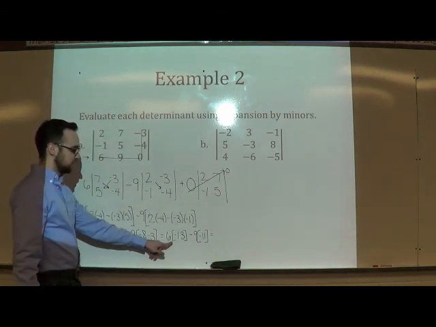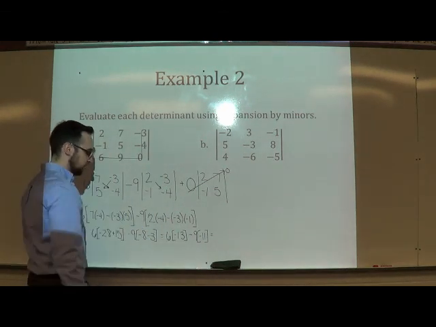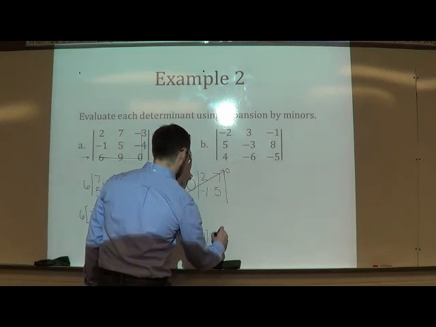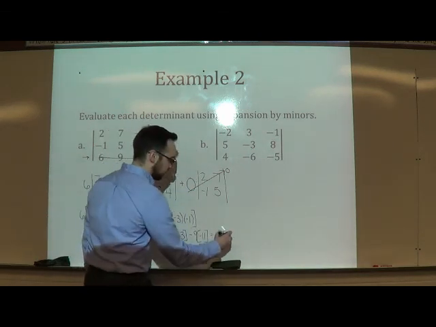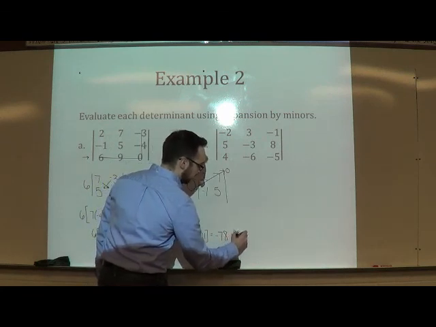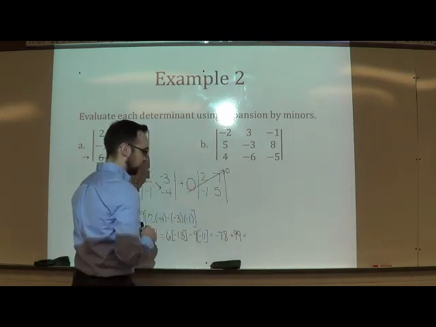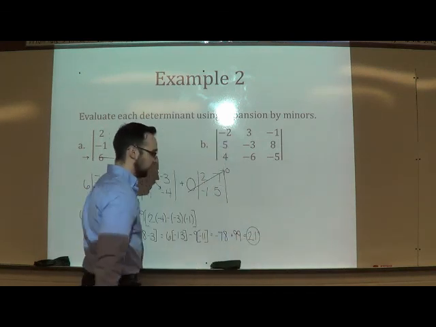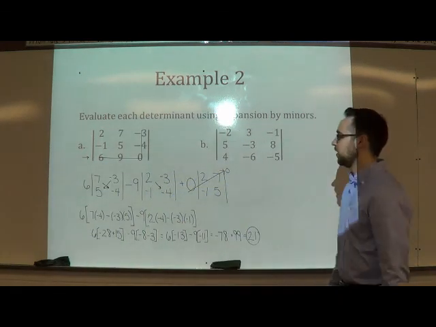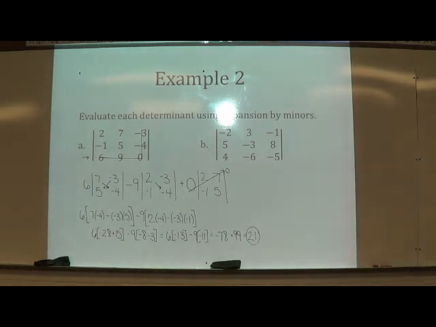That's going to give me 6 times a -13 is going to give us a -78 plus 99. That's going to give us a positive 21 for our determinant. And that is the value of the determinant of that 3 by 3 matrix.